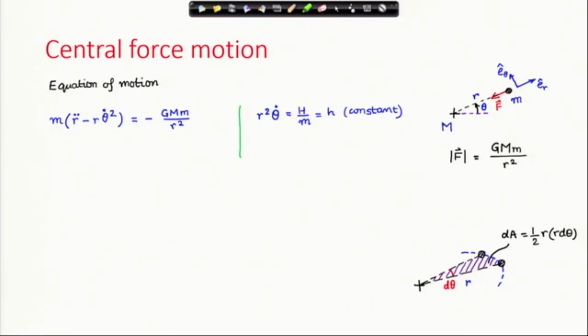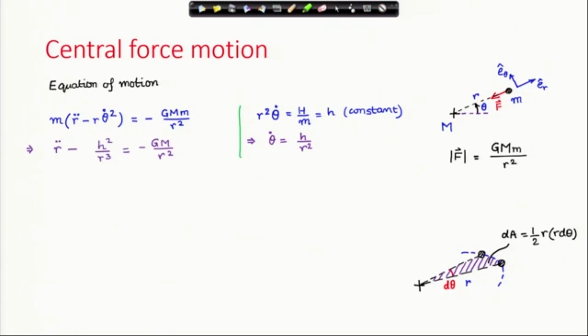Now, if r square theta dot is a constant, theta dot can be represented in terms of r as h by r square, which I can substitute in the governing equation and get an equation completely in terms of r.